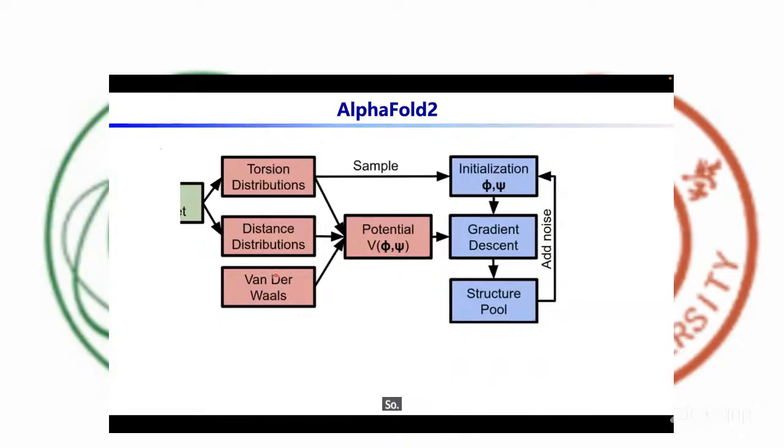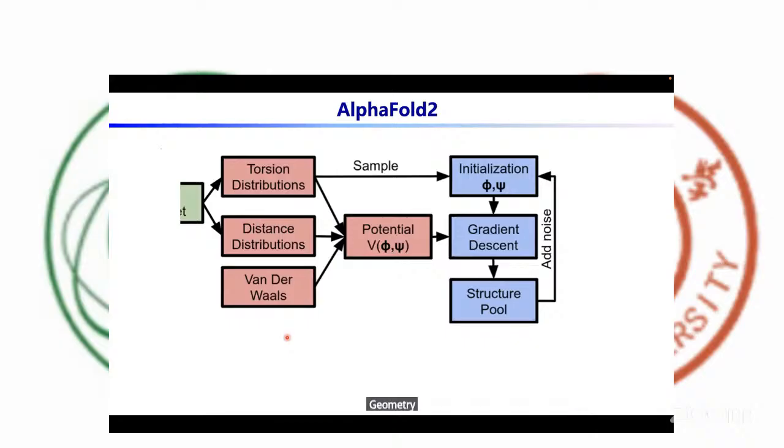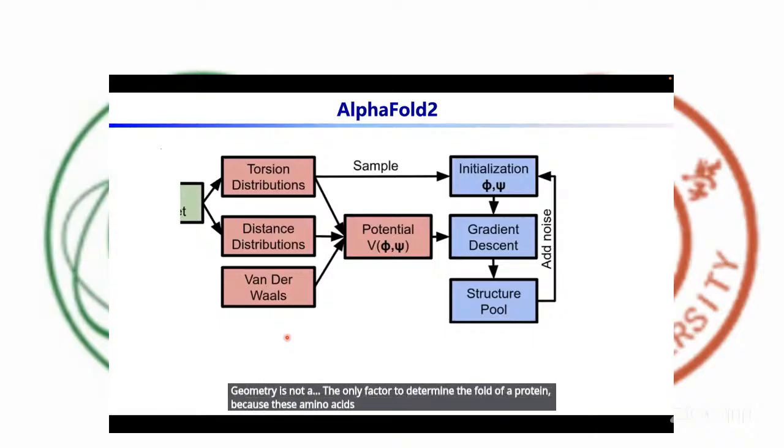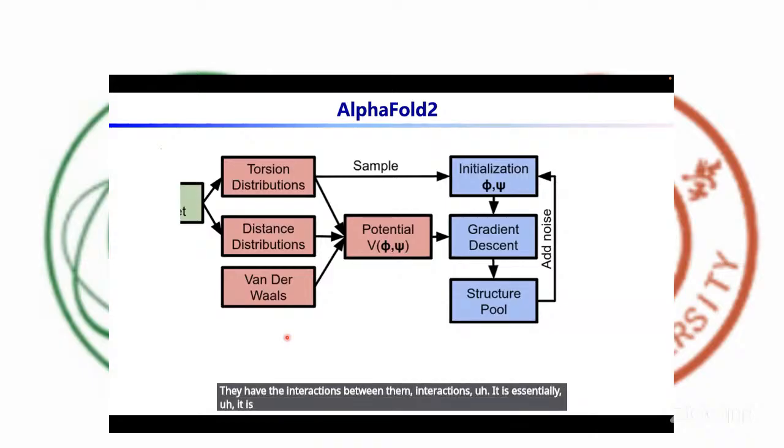So after you get this matrix, you know the angles, you know the geometries, but geometry is not the only factor to determine the fold of a protein, because these amino acid residues have interactions between them. It is essentially physical chemical interactions defined by the laws of physics.